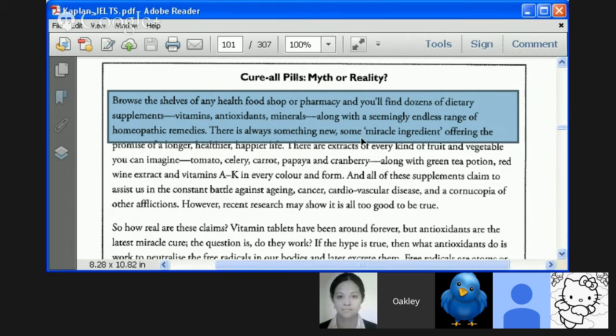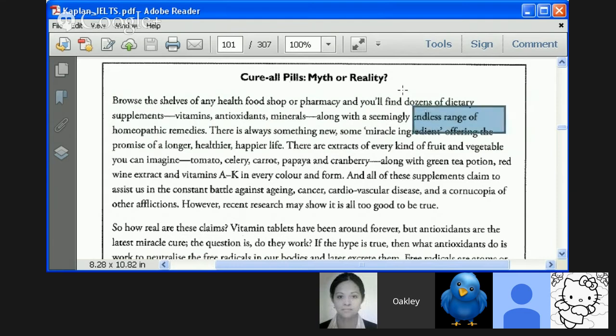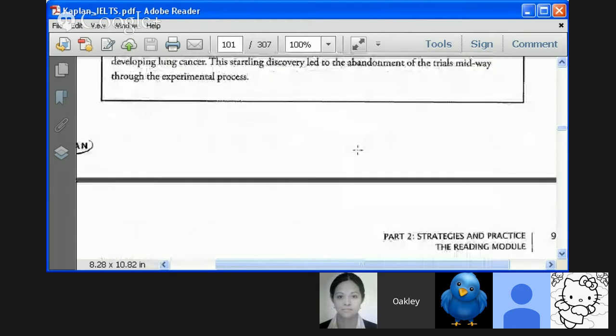Do you see anything about them being different in a pharmacy and a health food shop? No, you don't. There's an endless range. You'll find lots of them and a wide range, but there's nothing about them being different in a health food shop or a pharmacy. Keep it simple, and it will help you go much faster.